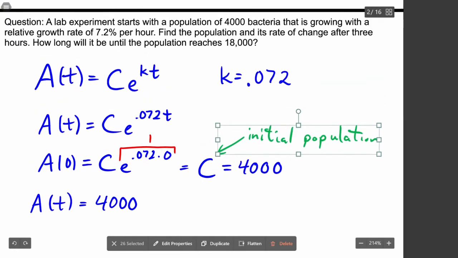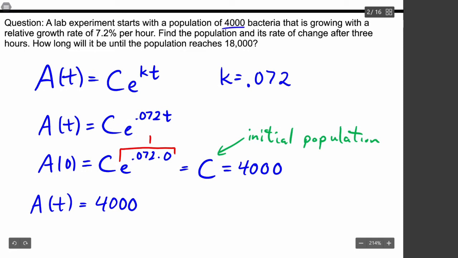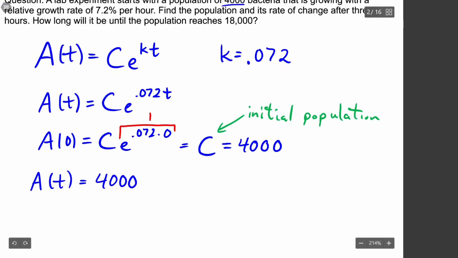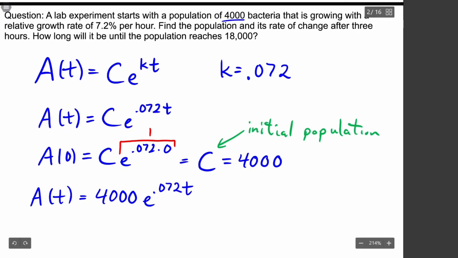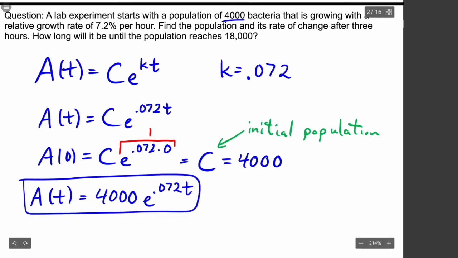So A(t) is 4,000 e^(0.072t). This here is the population after t hours.